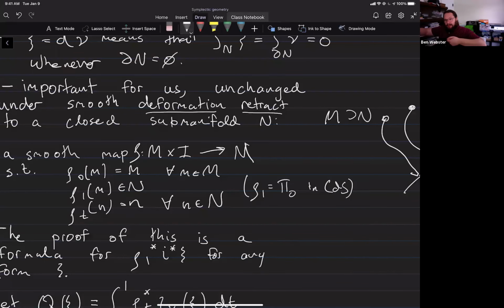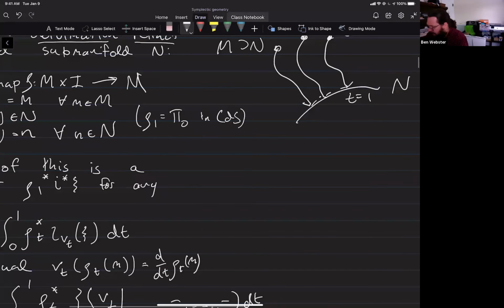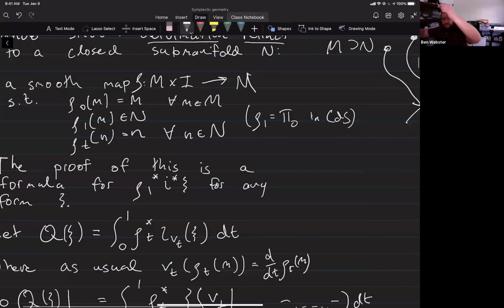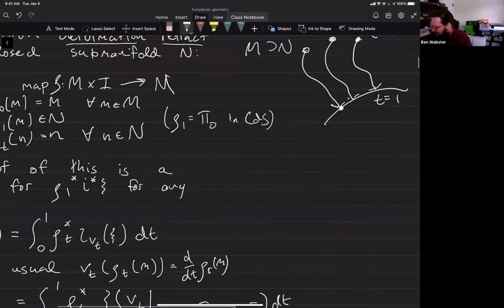And at time 1, it's a retract onto N. It's a map to N that's the identity on the subspace itself. So at every point in N, I just stay in place. And if I'm anywhere else, I do a path that ends on N. And I have to be smooth at every point, so that if I move my initial point around, this path varies smoothly.